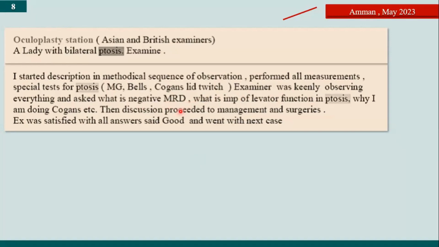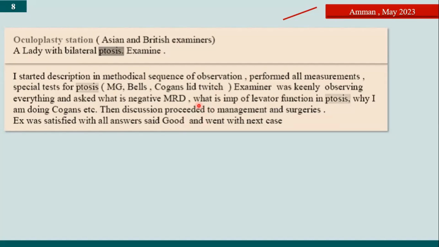So what is the negative MRD1? This is when the lid covers the pupil, and you have to raise the lid to obtain the corneal reflex. So the lid margin is lower than the corneal reflection. Yes, excellent. Keep going.